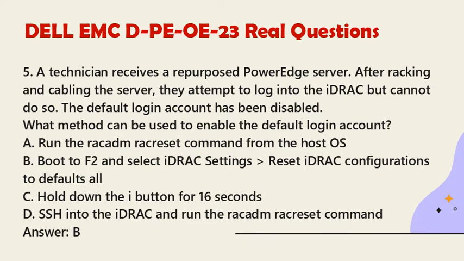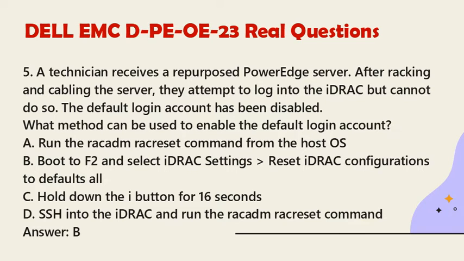5. A technician receives a repurposed PowerEdge server. After racking and cabling the server, they attempt to log into the iDRAC but cannot do so. The default login account has been disabled. What method can be used to enable the default login account? A. Run the racadm racresetcfg command from the host OS.